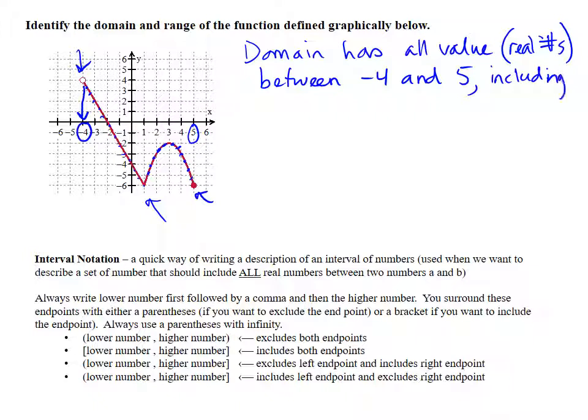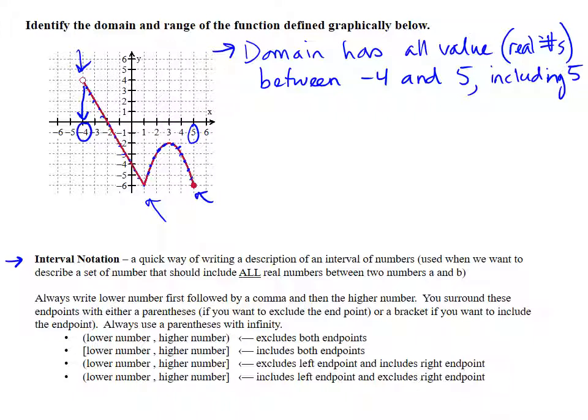Now that's what we would consider an interval of numbers instead of individual numbers. And in mathematics, instead of writing this whole statement out every time, which can become laborious, what we would like to do is have a special notation where we can list that out very quickly. That notation we're going to very frequently use is called interval notation. It's a way of writing all numbers between one number and another to include everything that's in between them.